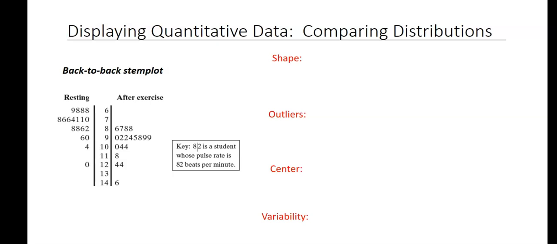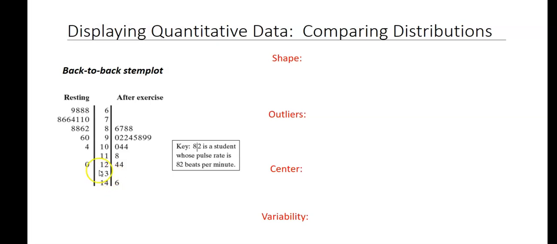So let's compare the data for this one. This is resting pulse rate and then after exercise pulse rate. It makes sense to me that most of the pulse rates after exercise look a little bit larger. This is also weird if you haven't seen a back-to-back stem plot. The 6 on the bottom right there is the number 146 beats per minute.